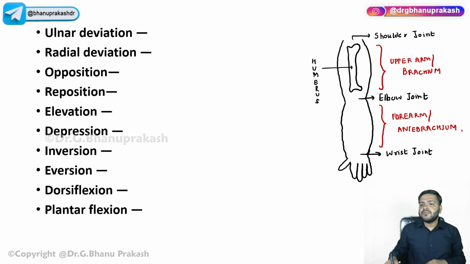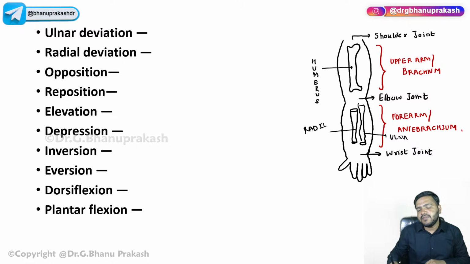Now, from the elbow joint to the wrist joint, two bones are present. One is called the ulna, and one is called the radius. Be very clear with these terms, guys, very important.